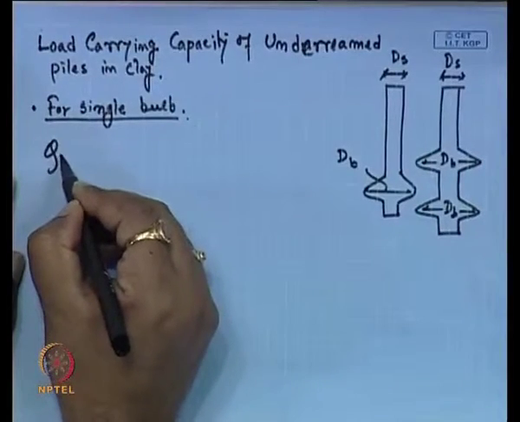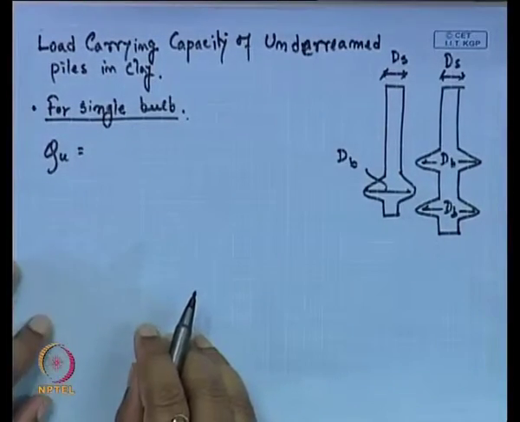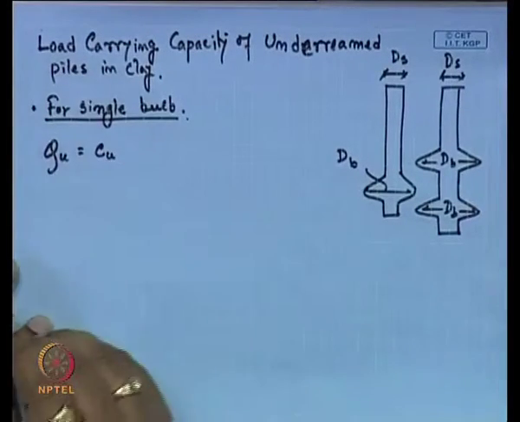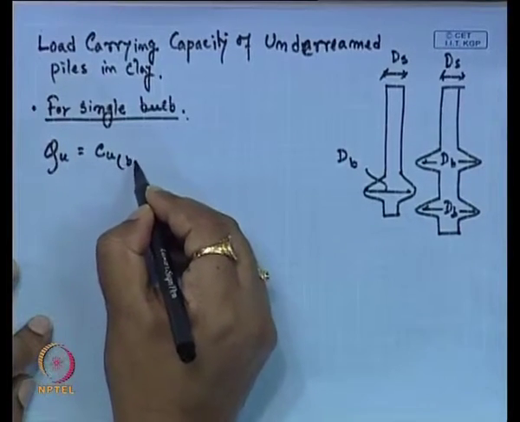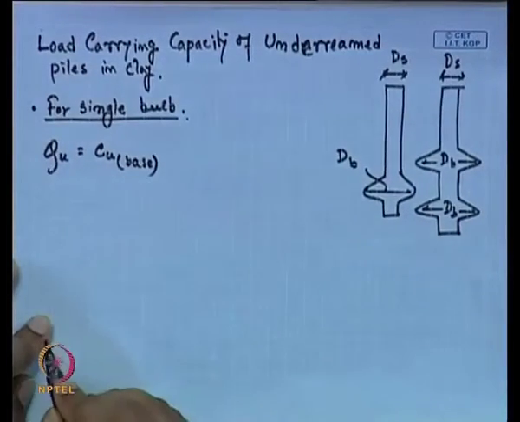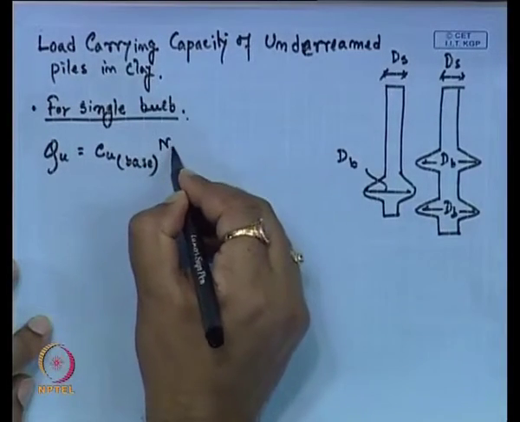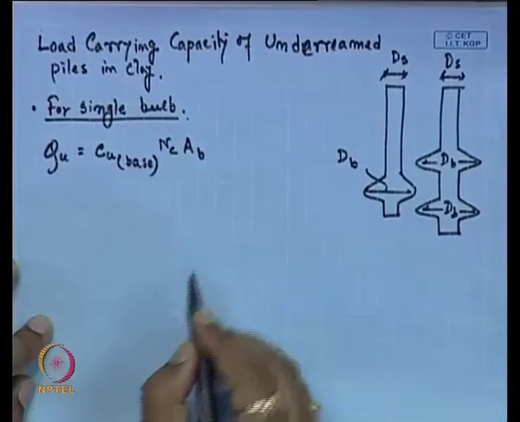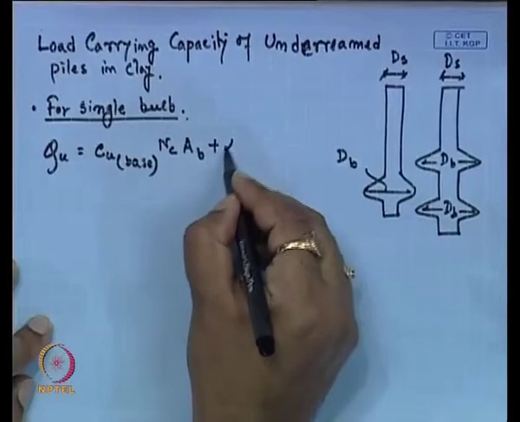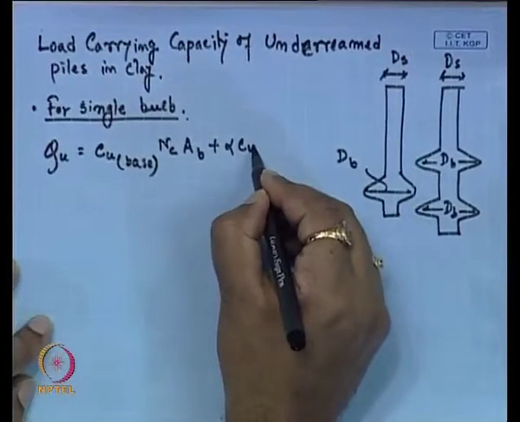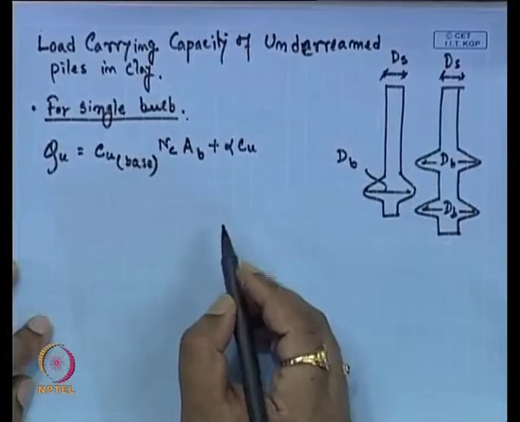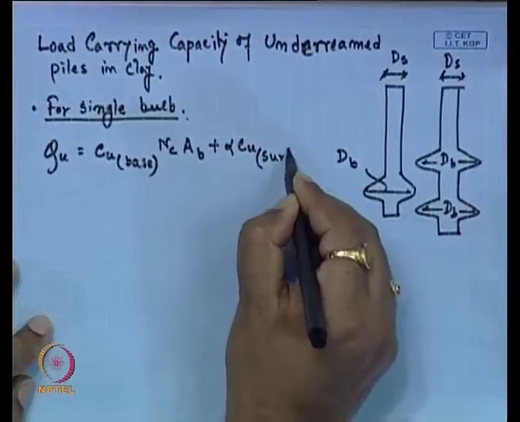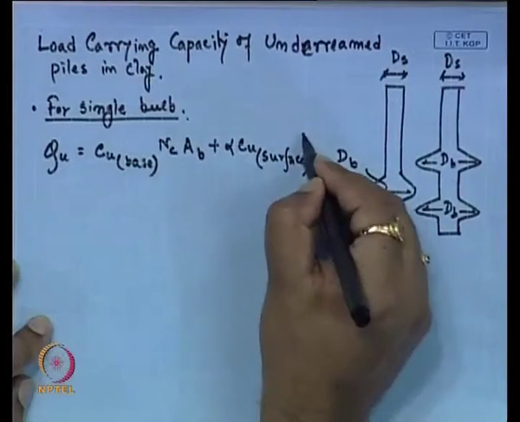For that purpose, the ultimate load carrying capacity of the pile Q u will be C u, the cohesion at the base level, into N c into A b at the base, plus alpha, the cohesion at the surface, into A s.